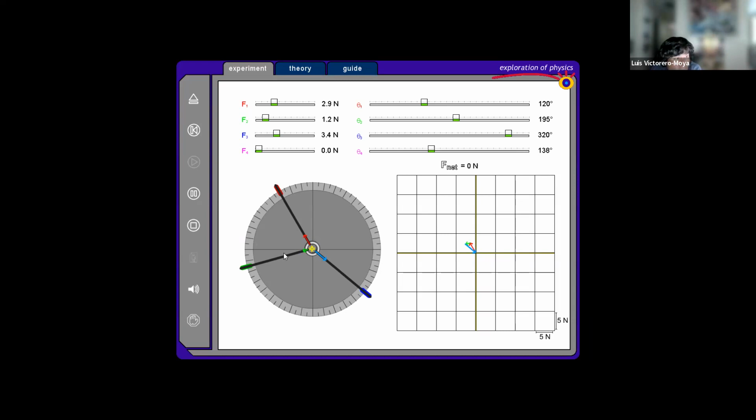So that's the angle between the vectors. So you use the parallelogram method, you can find the result, right? Of course, you should know that it's also 3.4 newtons at 140 degrees. All right.